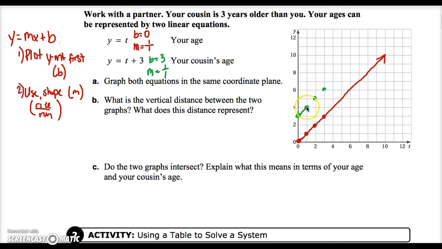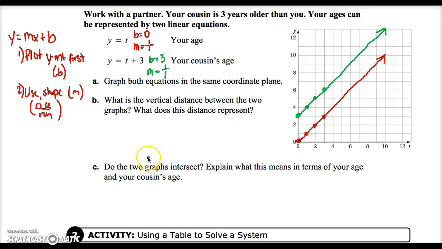And again, I'm going to connect these and try to keep it as straight as possible. And just like that. Now, one thing I want you to make note of with each of these equations is that they both had a slope of 1. We'll look at that more in depth a little bit later, but keep that in mind as we go through this.